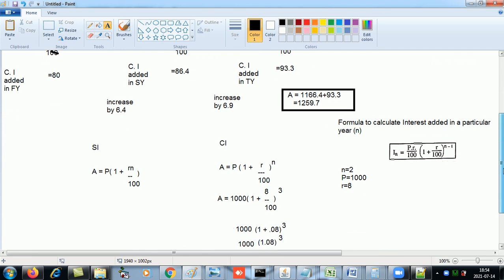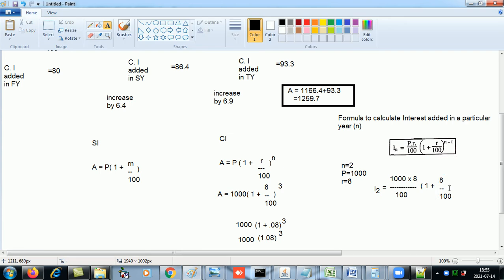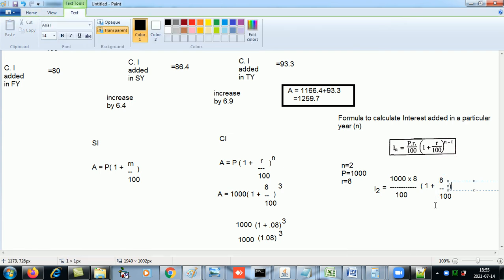Now let's put them in the formula and check. So interest added after second year is PR, that is what? 1000 multiplied by 8 divided by 100, into 1 plus r by 100, which means 8 divided by 100, to the power n minus 1.